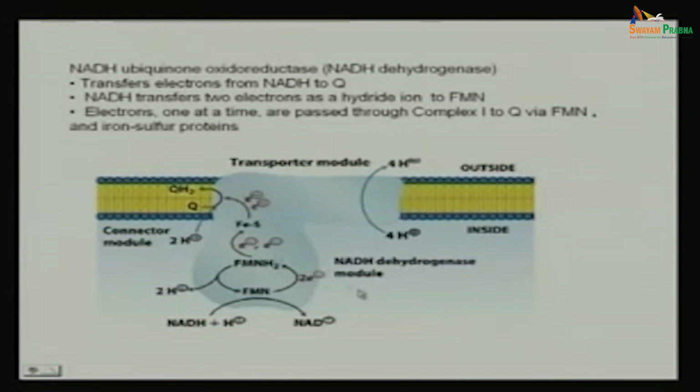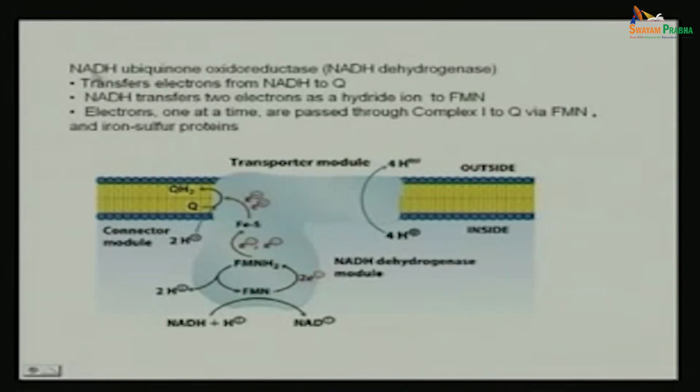Now, NADH gives this electron to flavin mononucleotide, and it is further passed to the FeS complex, that is the iron sulfur protein. Ultimately, it transfers this electron to ubiquinone and forms ubiquinol, QH2. While this electron transfer is going on, at the same time these protons are pumped out from the inner matrix to the intermembrane space.